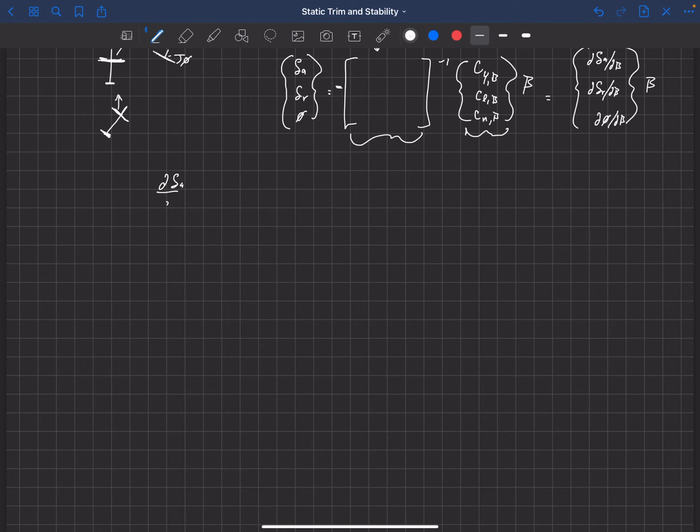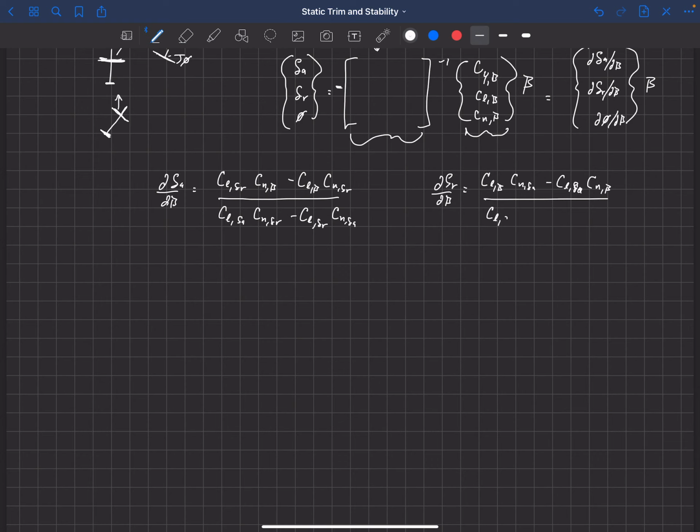We'd have d delta A d beta is going to be equal to Cl comma delta R Cn beta minus Cl beta Cn delta R over Cl delta A Cn delta R minus Cl delta R Cn delta A. The change in delta R with respect to beta is going to come out to be Cl comma beta Cn delta A minus Cl delta A Cn comma beta divided by Cl delta A Cn delta R minus Cl delta R Cn delta A.